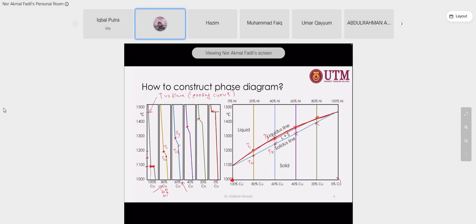And this is the melting temperature of nickel. Why nickel? Because this is 100% nickel. At this line is 100% nickel, at this line is 100% copper. Do you get it?